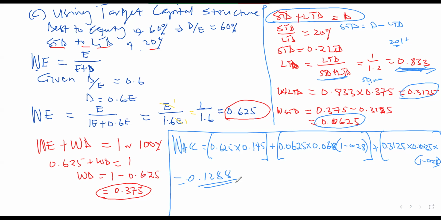In the same light, the target capital structure would have been best if there were some objectivity in estimating the target. Who determines the debt to equity ratio? It is also more subjective. You sit and say, okay, I want my debt to equity ratio to be 60%, and I want my short-term debt and long-term debt to be 20%.